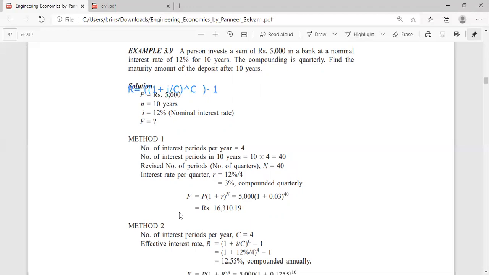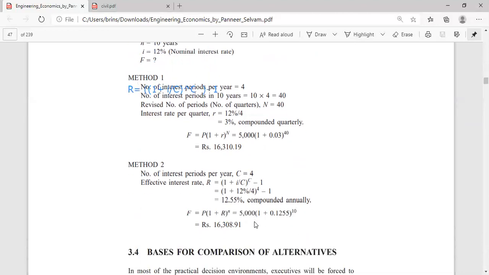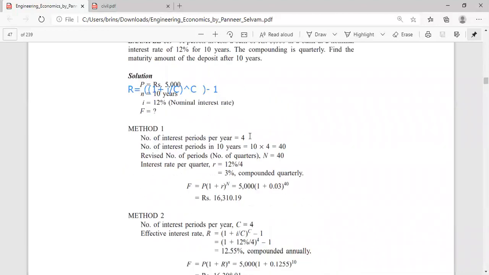So you are supposed to convert it towards your desired question, and find the value. This is one of the methods where you simply convert and do it. That's your first method.